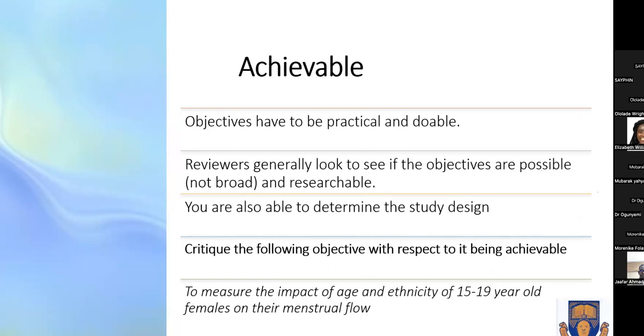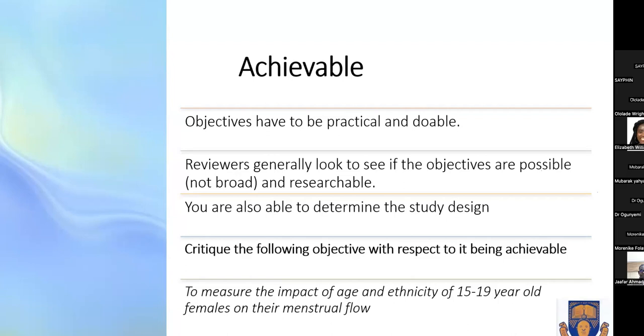This objective, when you compare it with others, has been brilliantly improved on. The fact that this individual wants to measure the impact of age tells you that this is measurable. It's also very specific. It's about 15 to 19-year-old females and not just females. And it's about menstrual flow, not just the menstrual cycle.